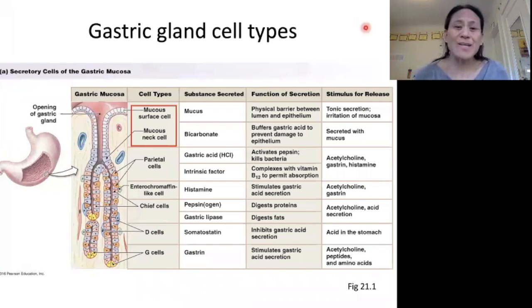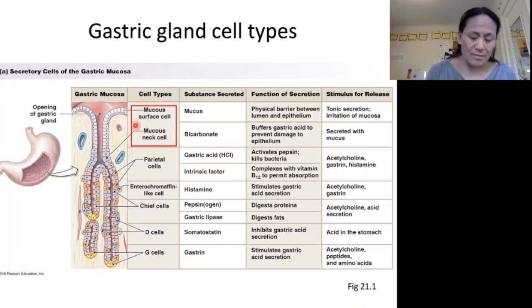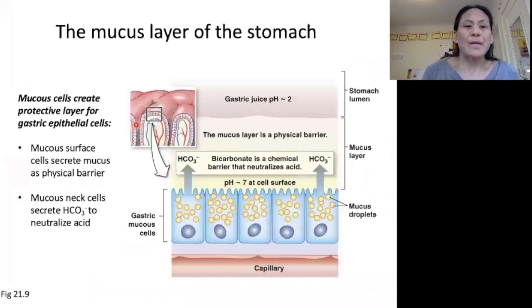Okay, so now let's take a look at some of the other cell types that we have in our gastric glands. The next set of cells that I want to look at are these mucus cells. We have these mucus surface cells and these mucus neck cells. So I just described to you how we have in the inside of our stomach a pH of 2 that is very acidic.